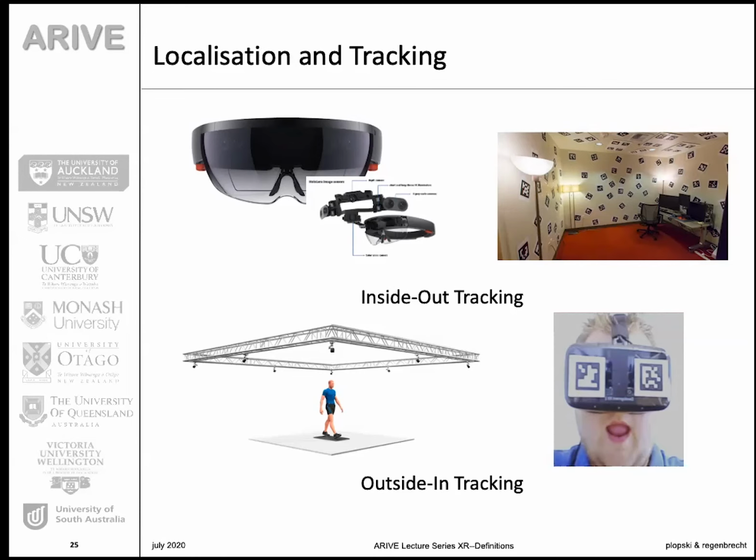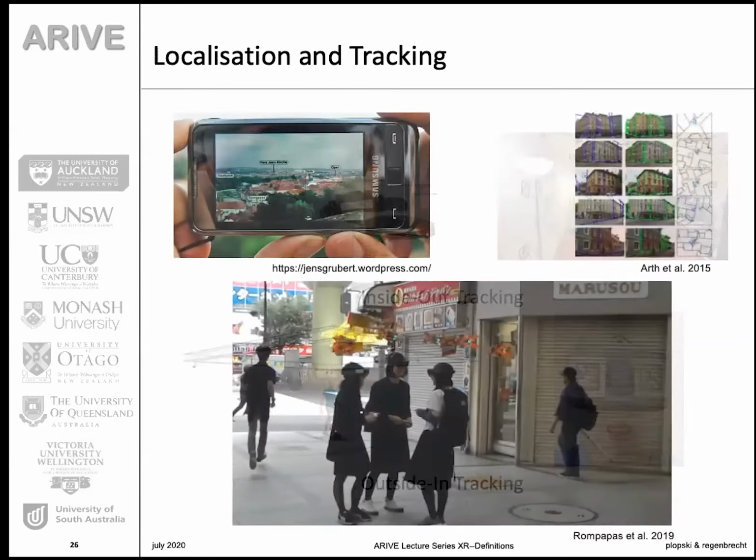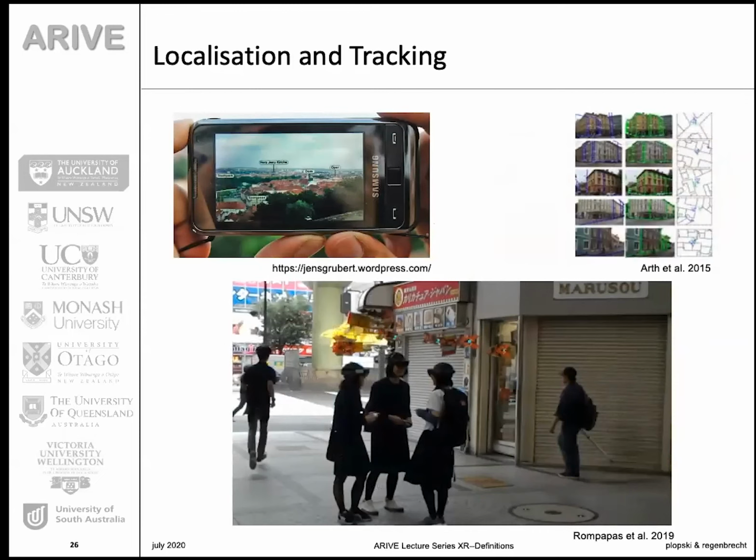And both of these can again be applied in different scales. And it is all a question about how accurate do you need to be? And this will determine what technology you will use. For example, on the top left, we see AR browser. These kind of browsers have existed for the better part of 10 years.